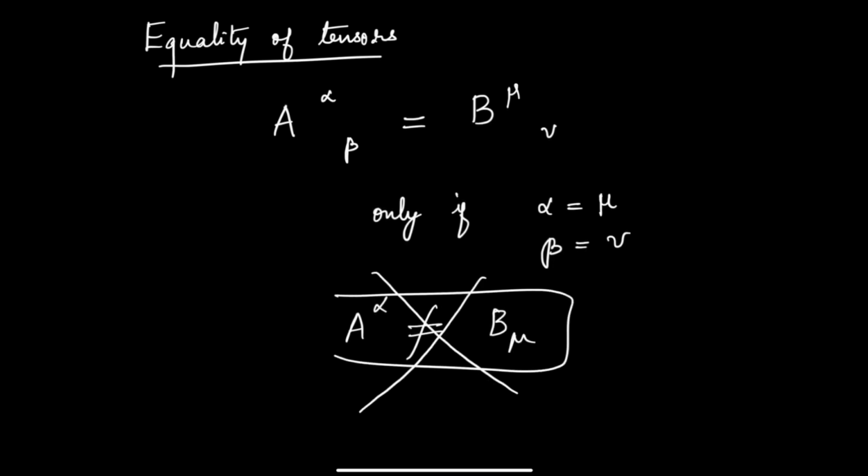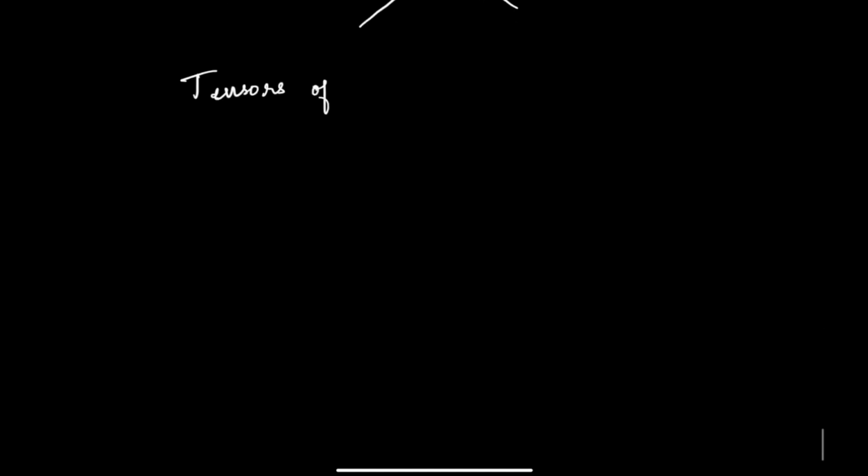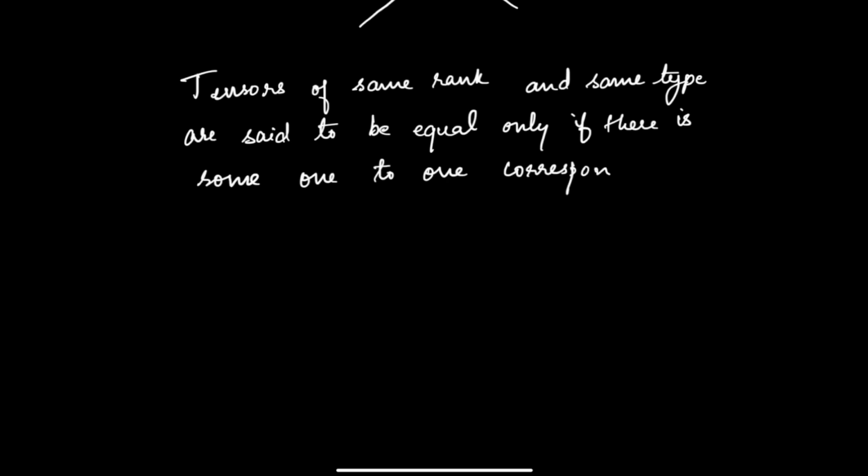This is wrong. So tensors of same rank and same type are said to be equal only if there is some one-to-one correspondence between them.